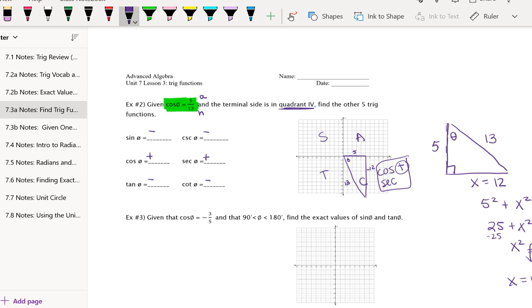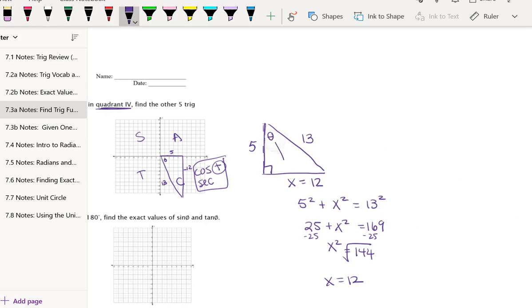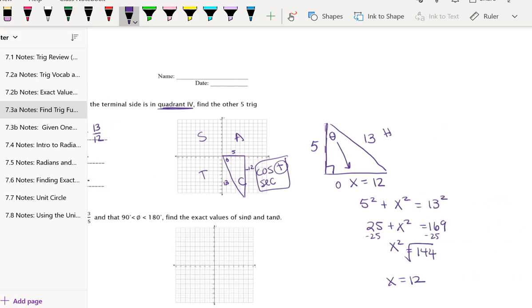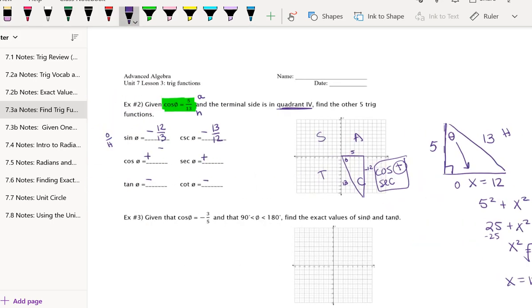Sine theta is opposite over hypotenuse. I'm going to go back to this triangle. Opposite and hypotenuse. So I'm doing 12 over 13, and since it's in quadrant 4, those are negative. -12 over 13. Reciprocate it. Cosine I was given was 5 over 13. So secant is 13 over 5.